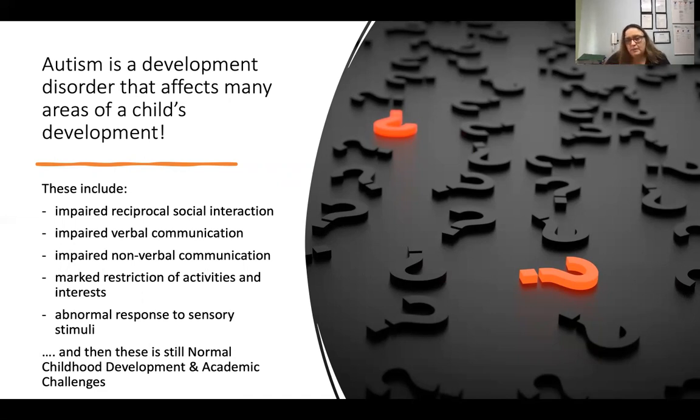There's a whole lot of elements that we need to look at. We need to look at giving the child the best opportunity that they possibly can. And the best way in which we feel we can do this is by introducing a multidisciplinary approach to the treatment or the intervention of your child's autism spectrum disorder.